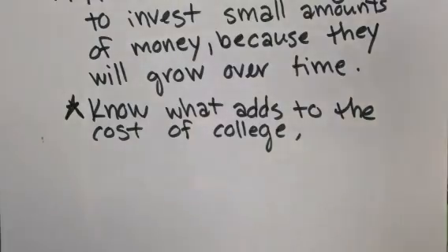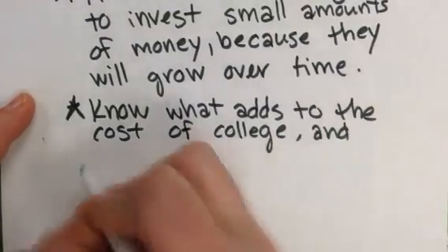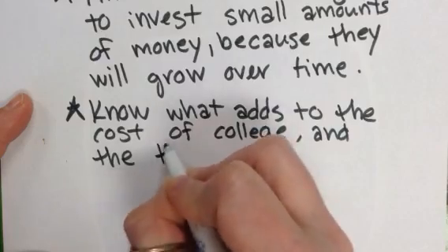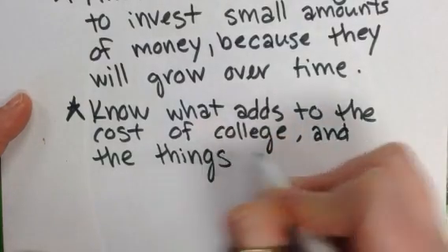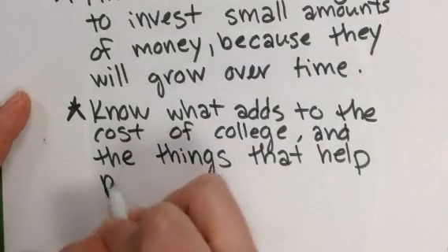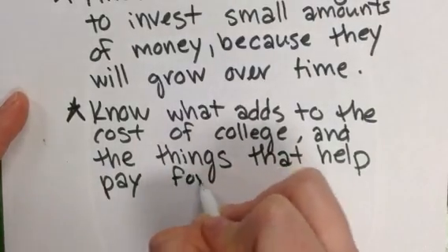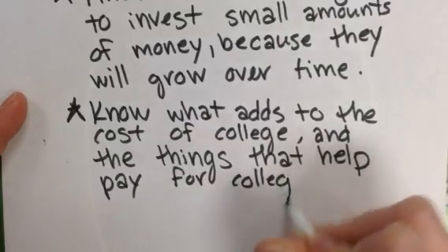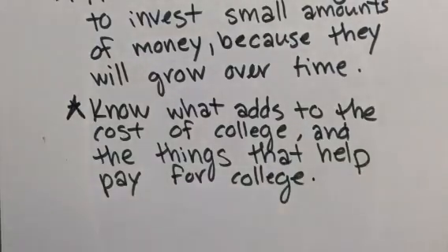And you want to know the things that help pay for college. You'll have a couple of questions that you have to go through those questions and pick out the things that you'd have to add up, like books and fees, tuition, room and board.